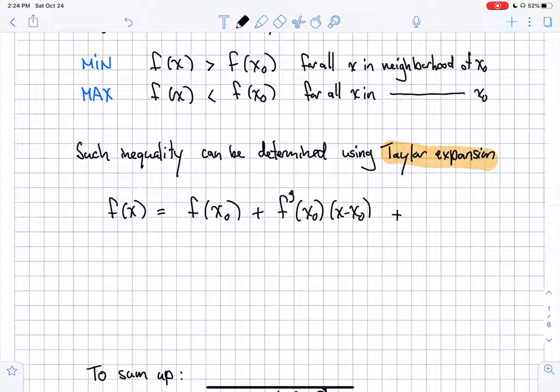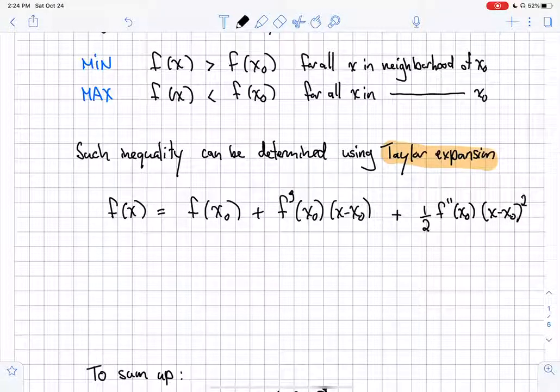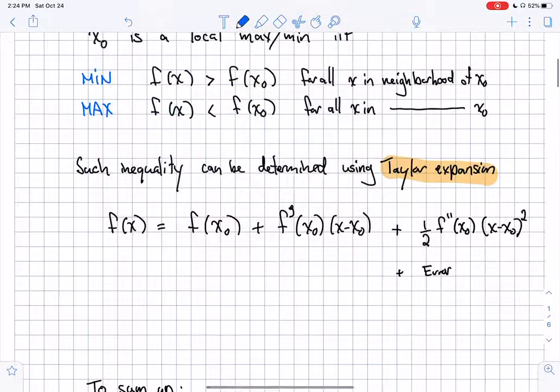Then you go to the next order, the quadratic order, one half f double prime of x0 times x minus x0 squared. And then you can go beyond that, to third and fourth order and so on, if the function is smooth enough. So this is the linear part and this is the quadratic part.